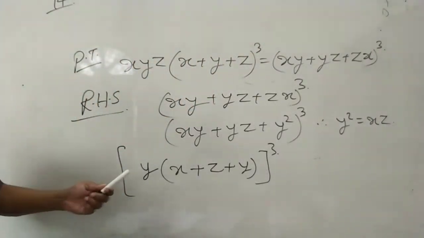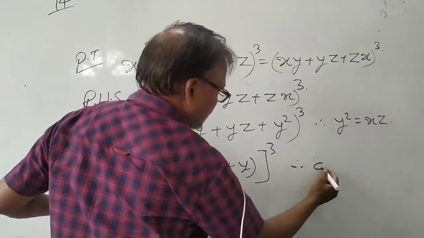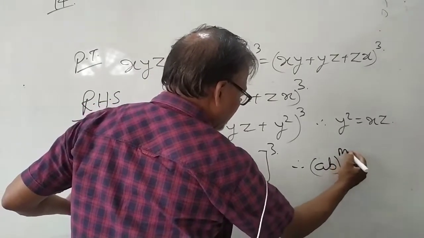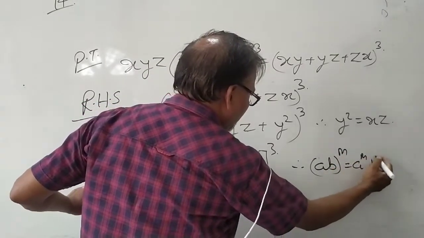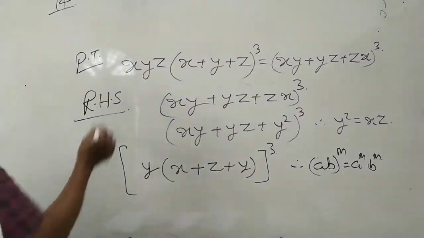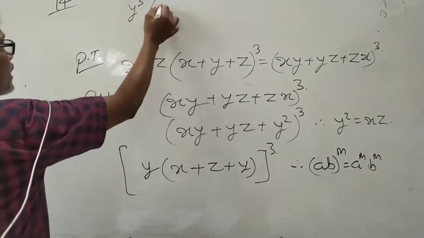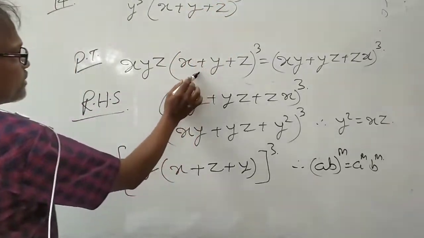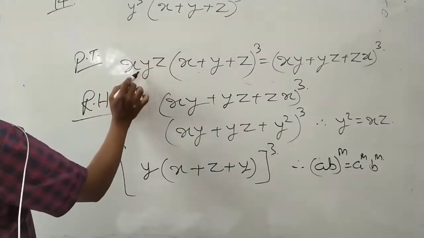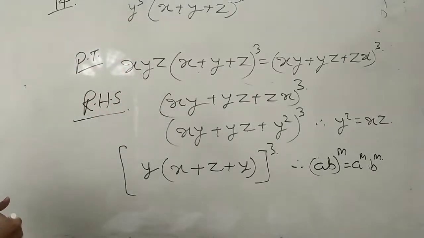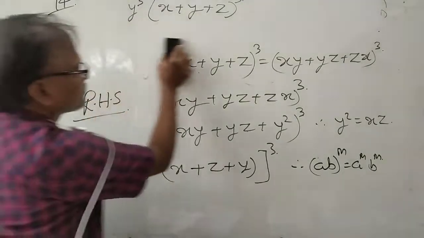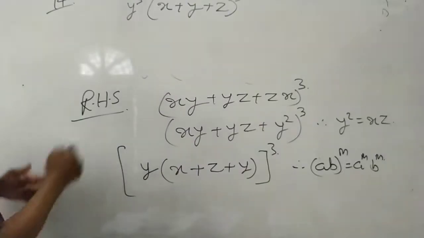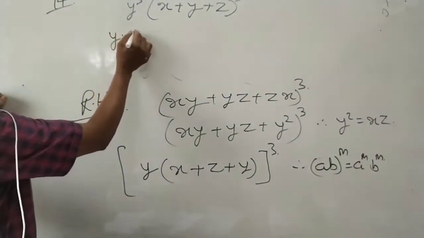So in the two places you will get the power because this is the rule, (ab) to the power m is equal to a^m b^m, means power will be multiplied. So you can write like this, (x plus y plus z) whole cube. देखो अब ये टर्म आ गया लेफ्ट हैंड साइड में, only this much is this y cube you can write as y square into y.